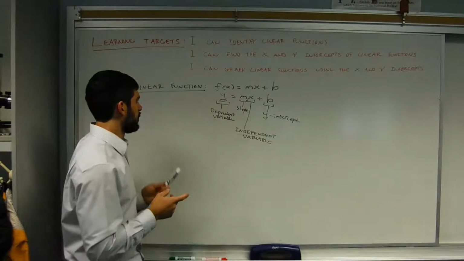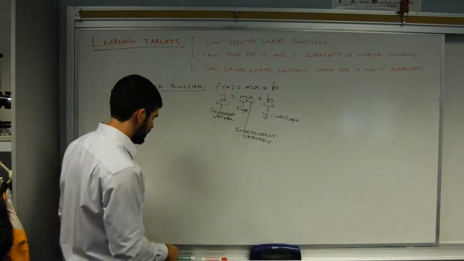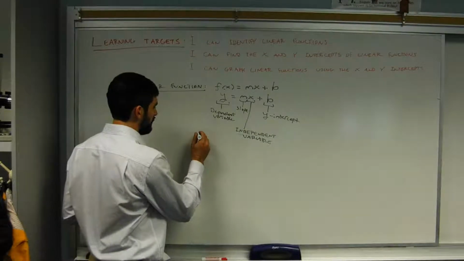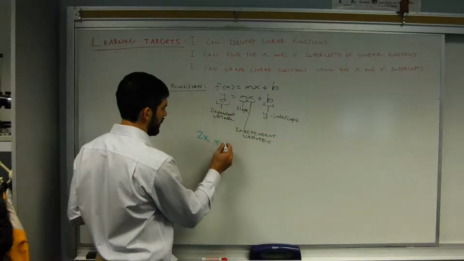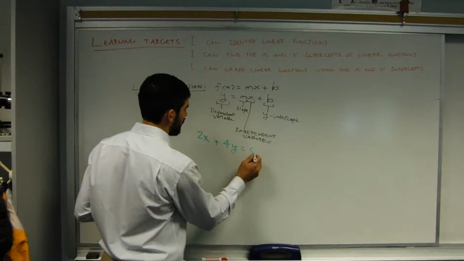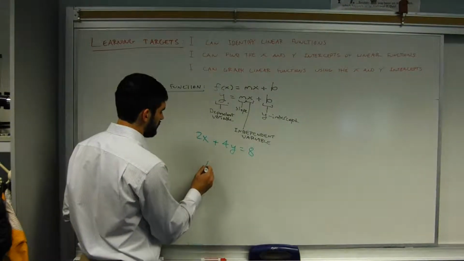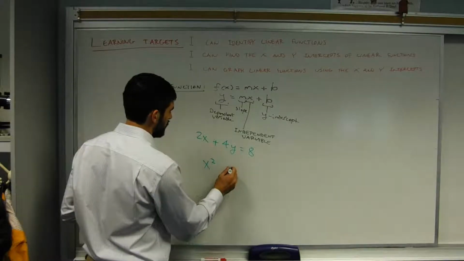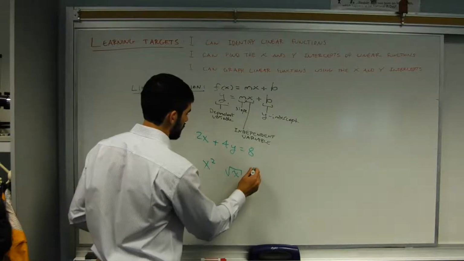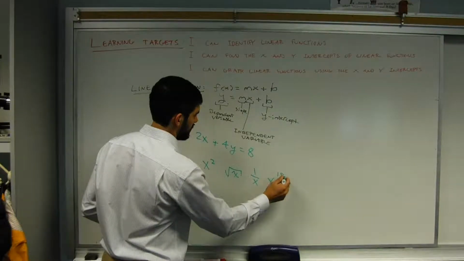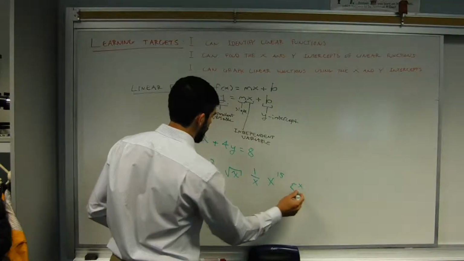But for now, the important takeaway about linear functions is that they'll have an x and a y in them, but neither of the variables is squared. We don't have any square roots. We don't have 1 over x. We don't have x to the 15th. We don't have 5 to the x.